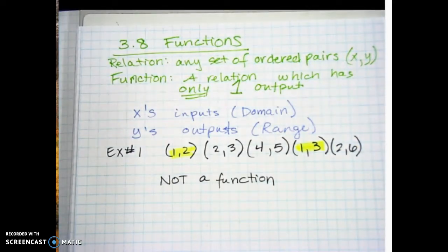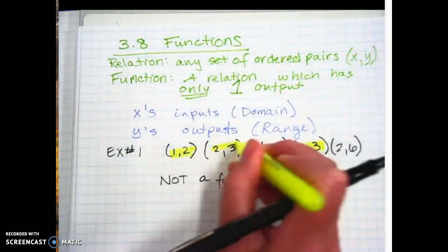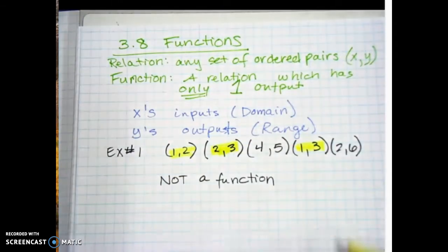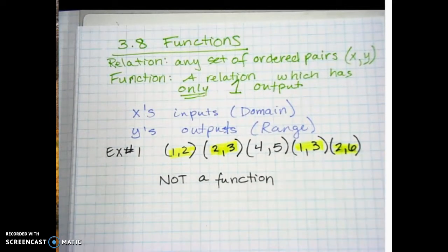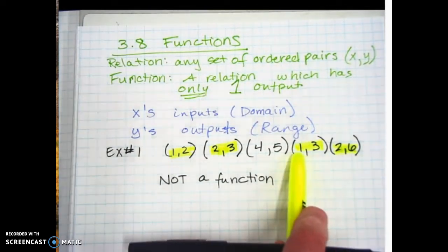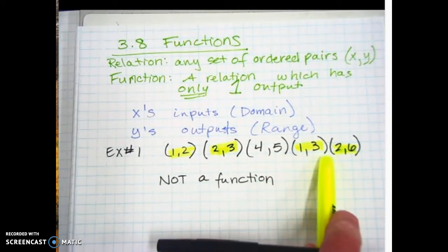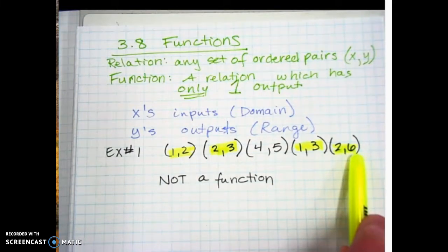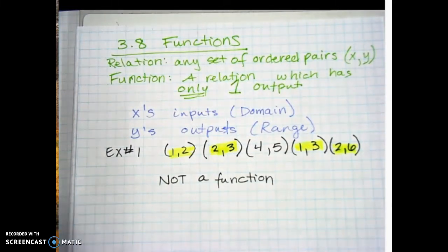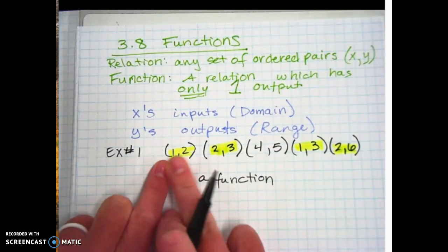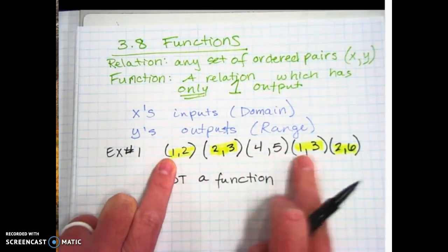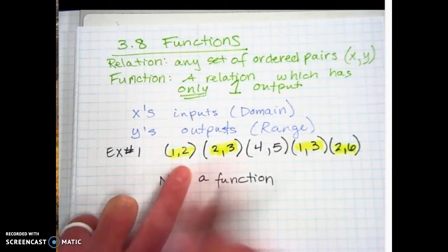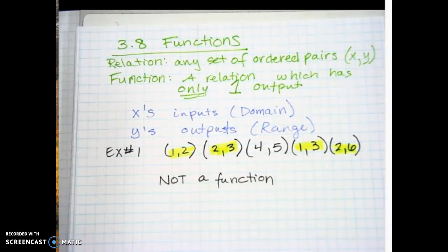Okay, same thing happened with the 2. Right here, I plugged in a 2 and got a 3. Over here, I plugged in a 2, got a 6. If I plugged in a 1 the second time, what number should I have got? A 2. If I plugged in a 2 a second time, what should I have gotten? A 3. Okay, if all of your domains are different and you get different numbers, you're going to have a lovely little function.